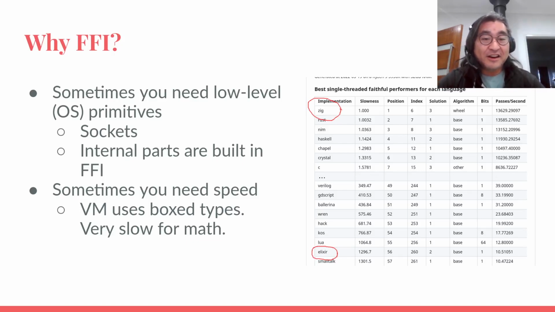You can see here that Zig has an extremely fast implementation, which was the fastest, so we'll make that a reference of 1, and Elixir was 1,300 times slower.